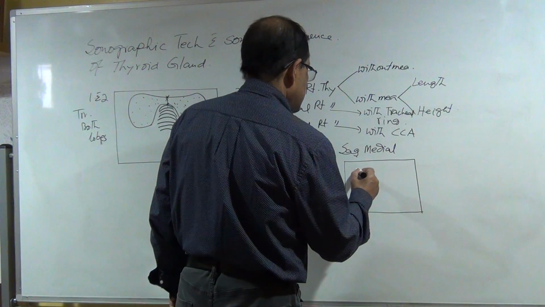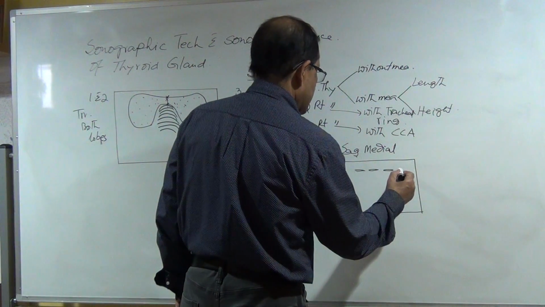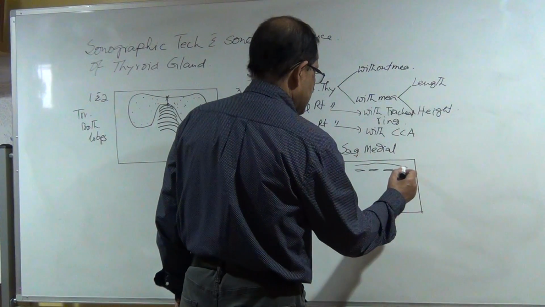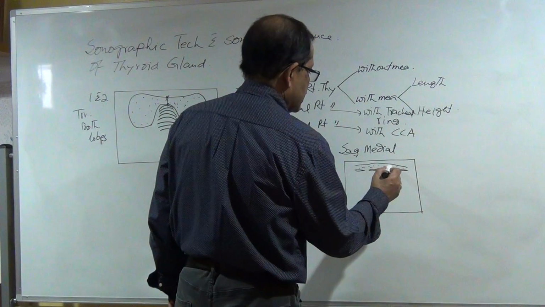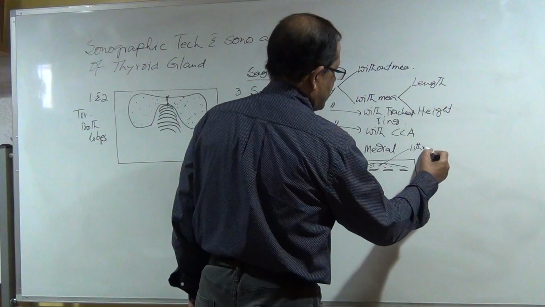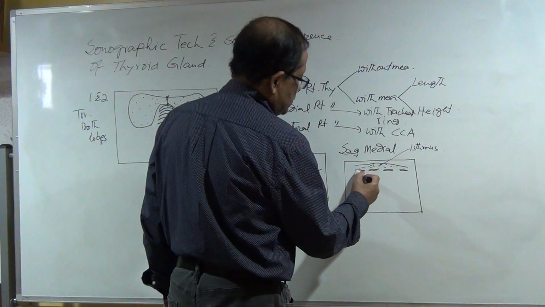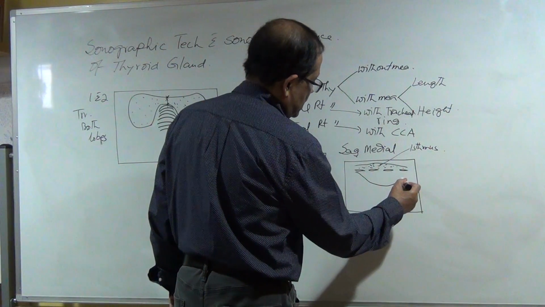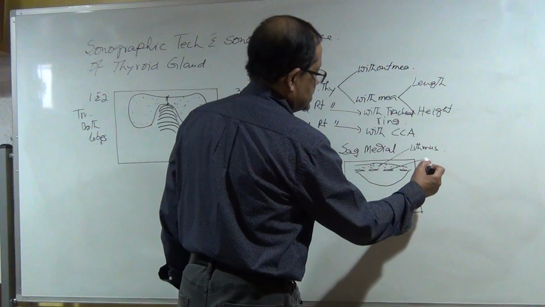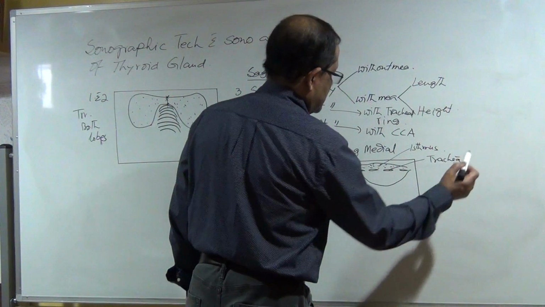Sag medial, I'm just giving you a little idea. Once you see the tracheal ring, then you will see the thyroid tissue. This is isthmus. And below, you angle towards the medial, towards the mid from the trachea. Okay, so this is trachea.